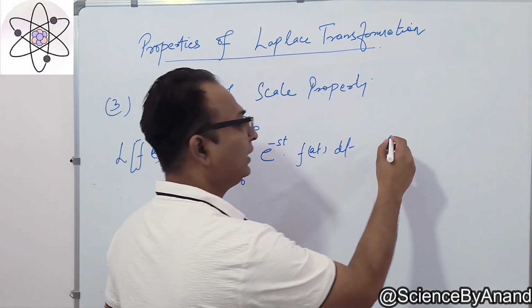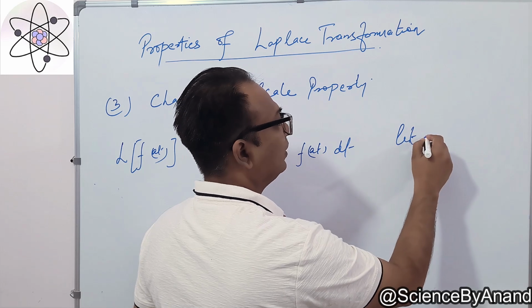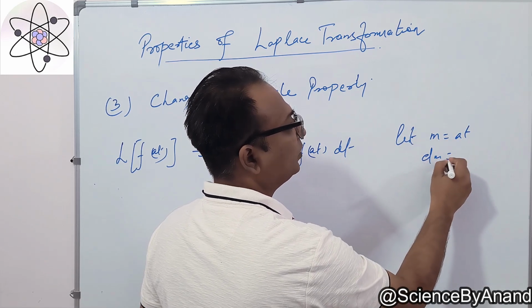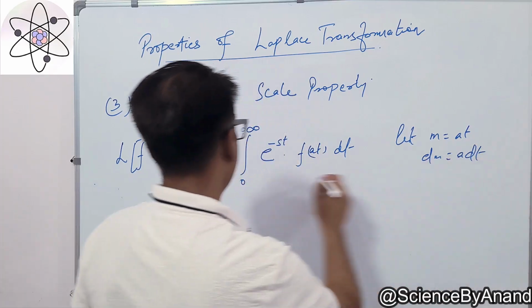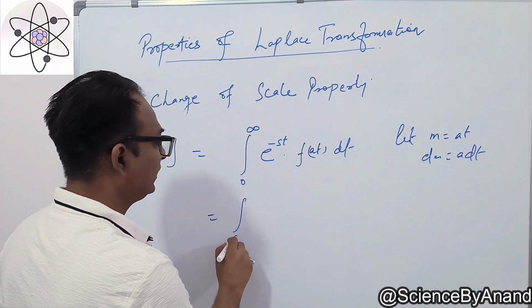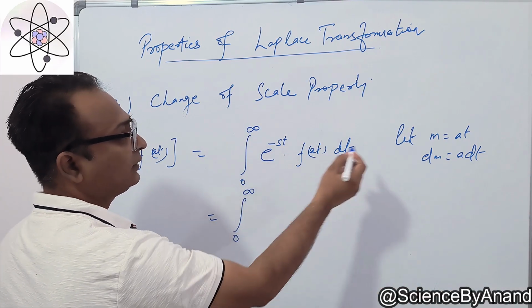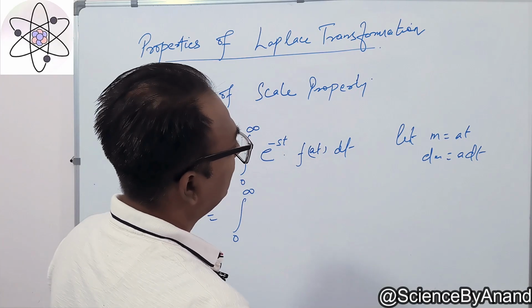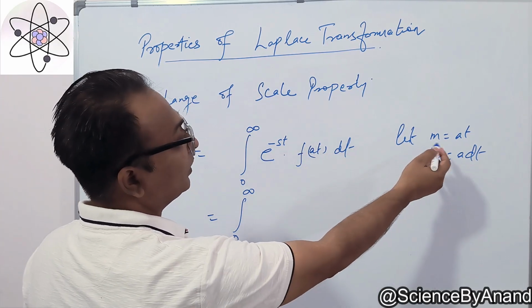What do we do? Let m be equal to at, then dm is equal to a dt. Let's put it here. t is what? t is m by a.